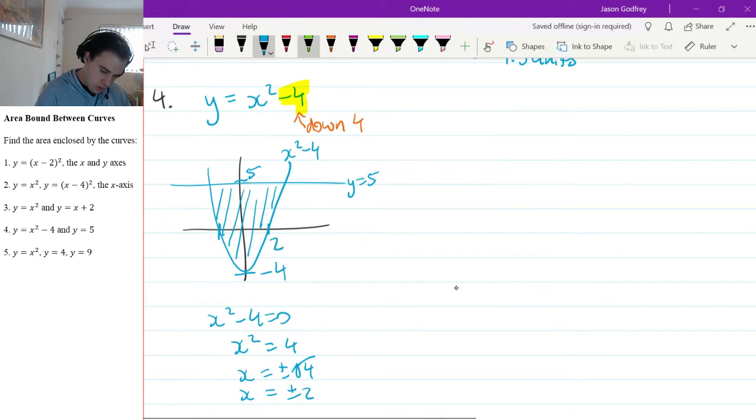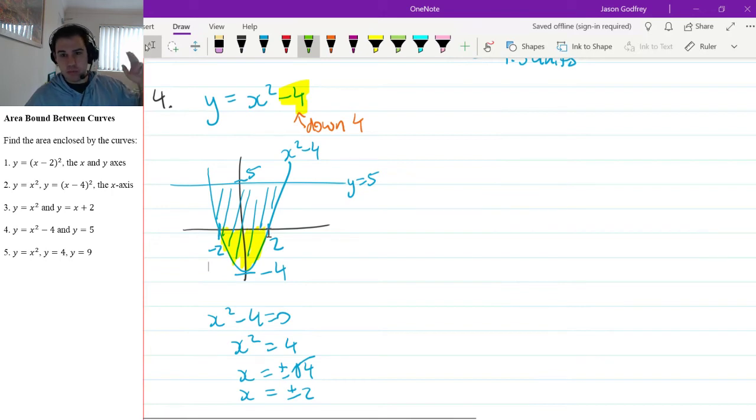When x is 2 and -2. So we could find the area enclosed by x squared minus 4 from x equals negative 2 to 2.